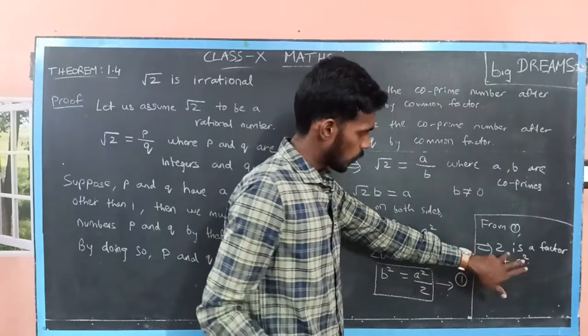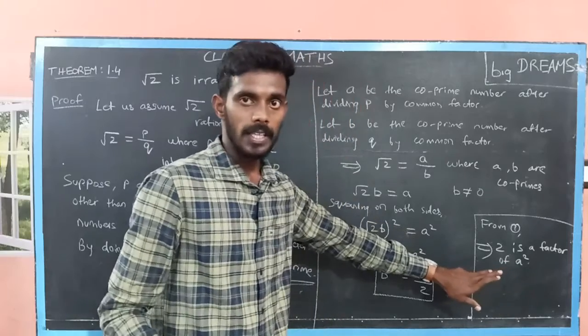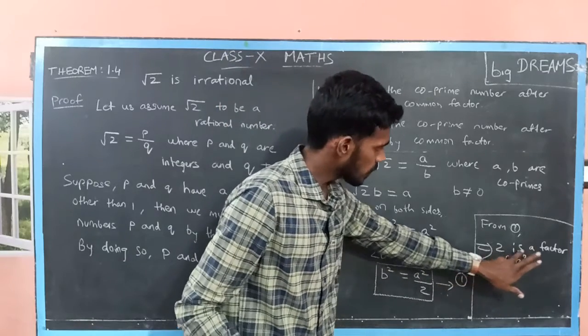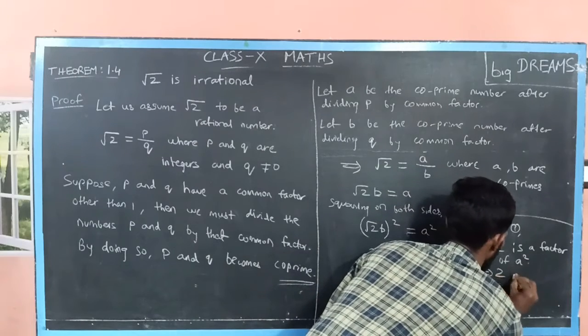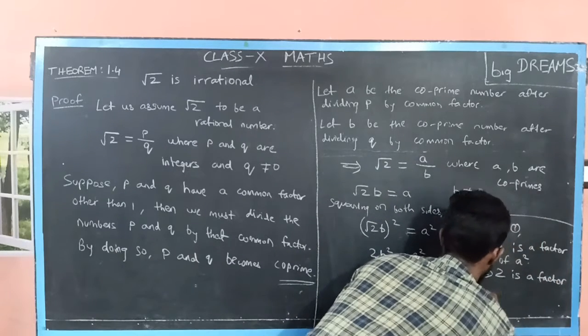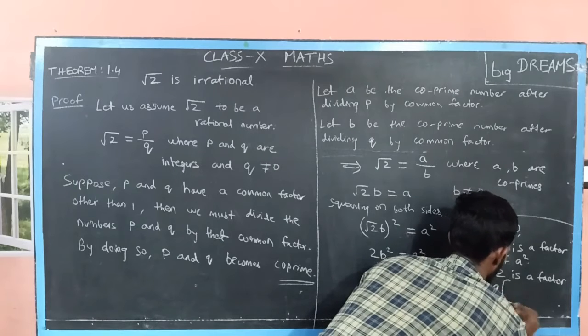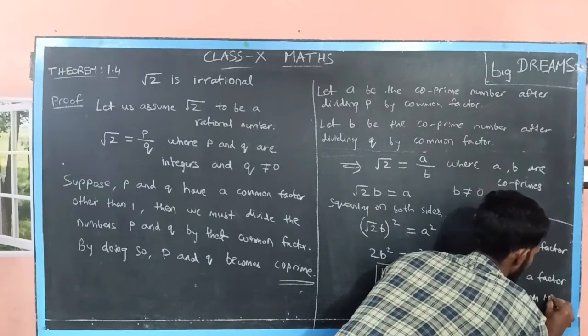See, when 2 is a factor of a square, then by theorem 1.3 we can state that 2 is also a factor of a, right? So I can say 2 is a factor of a according to theorem 1.3.